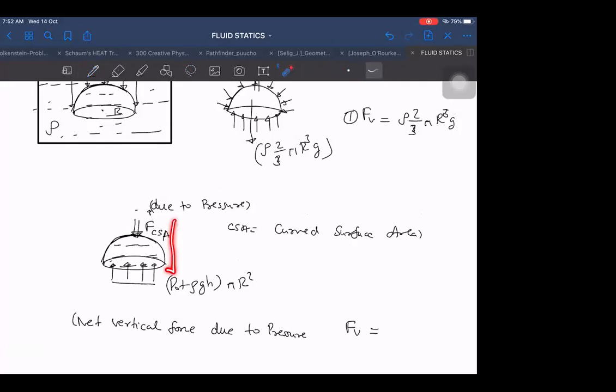How do I know that? Because the pressure increases as we go down. Therefore, this force will be more due to pressure and this force will be less. So the net vertical force will be upwards. Sometimes I will call it just F1, and this total I will call F2. So what will be the net vertical force upwards? That will be upward force F2 minus downward force F1.